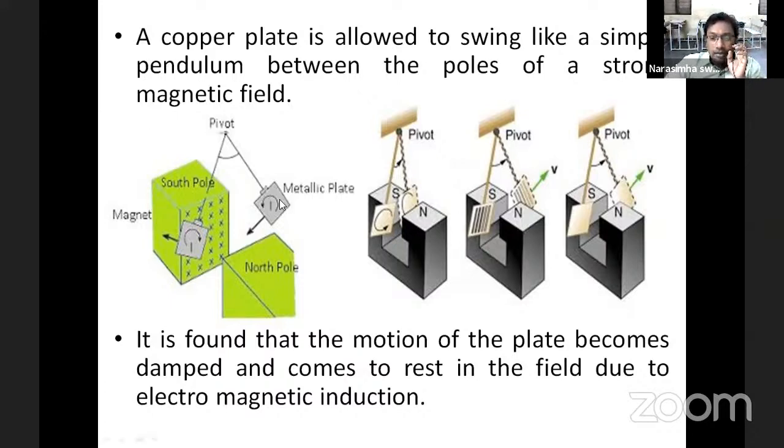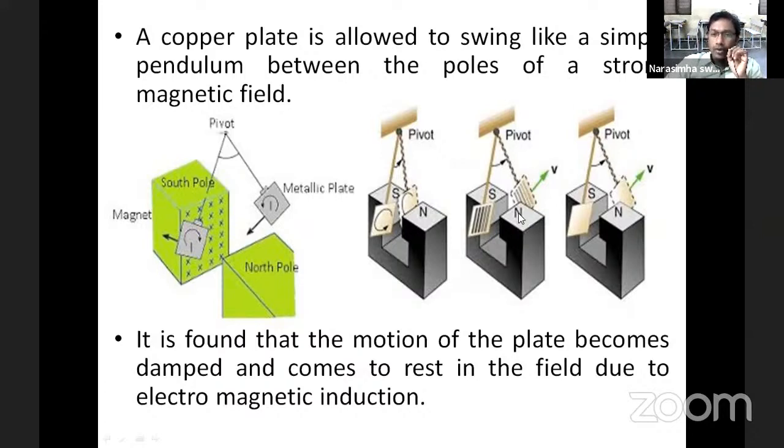Entering between the poles, it is not allowed, and leaving the magnetic field is also not allowed. Understood? In both cases, while entering between the two poles and while leaving, the metal plate is not allowed, because the magnetic field directions are changing.